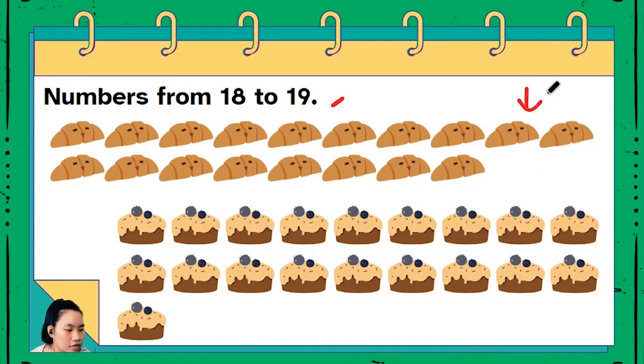Next up is 18 to 19. We have these little croissants down here. Let's start counting them. 1, 2, 3, 4, 5, 6, 7, 8, 9, 10.